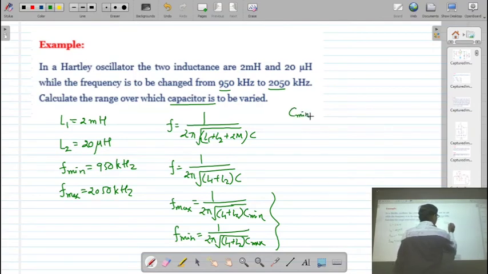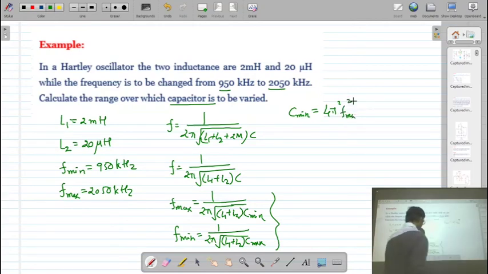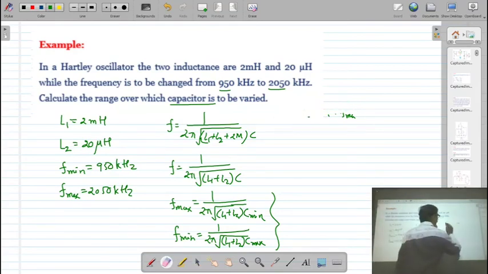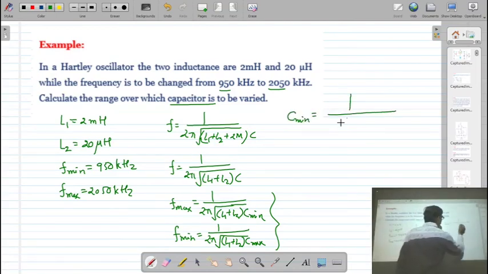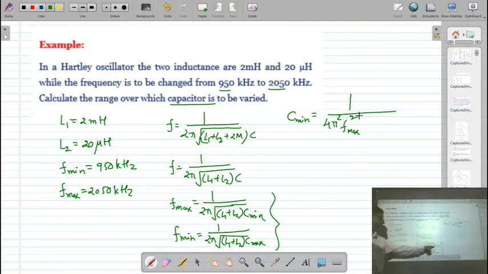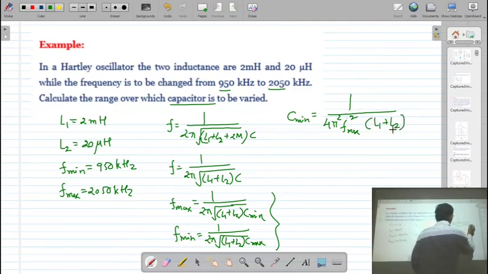If I make an expression for C minimum, then C minimum will be equal to 1 upon 4 pi square f maximum square into (L1 + L2).